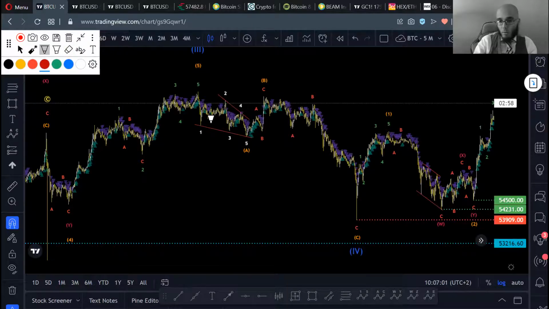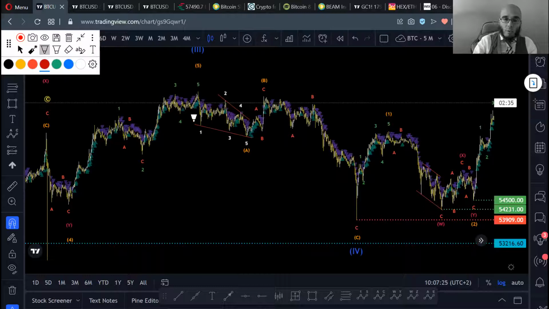We did trace a wave 1, and then we did trace a wave 2. And right now I'm labeling the wave 2 W, X, and Y for wave 2. Okay, and that's what we traced out.